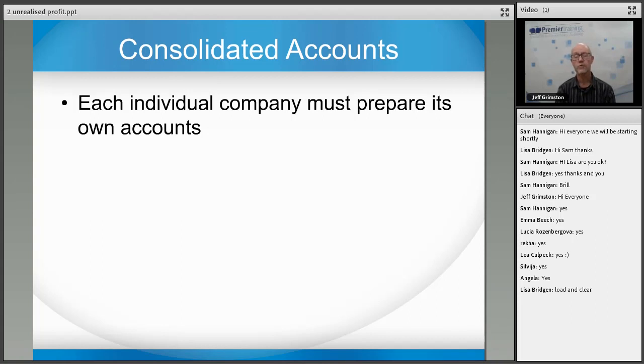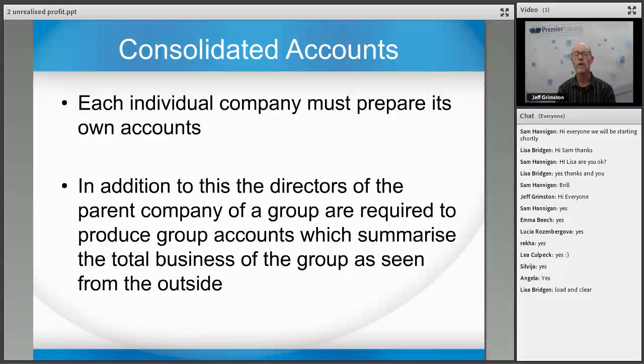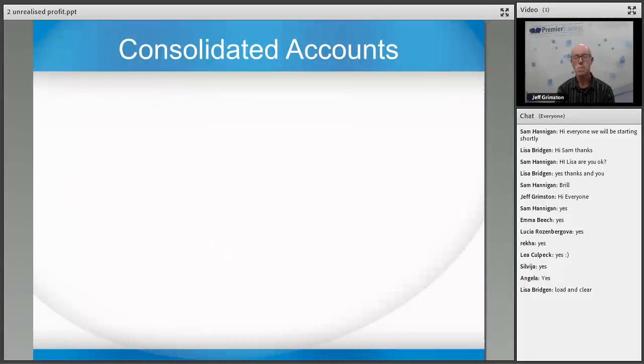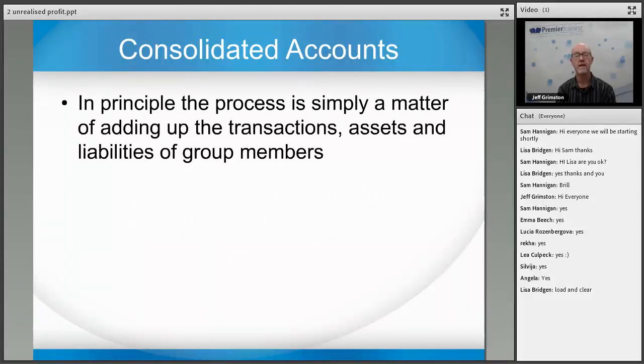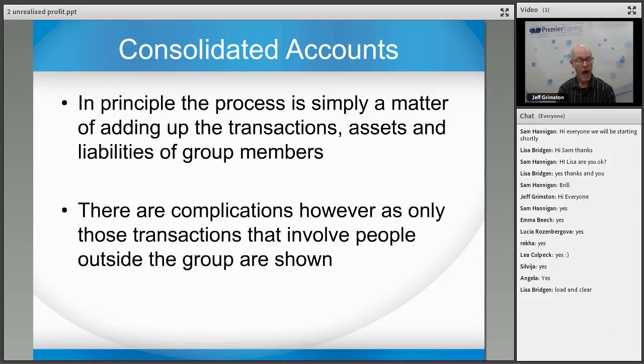But in addition to those accounts, there is a requirement that the directors of a parent company of a group must produce group accounts which summarise the whole business as seen from the outside. And essentially, that really is just a matter of adding up the separate transactions, adding up the assets, adding up the liabilities.